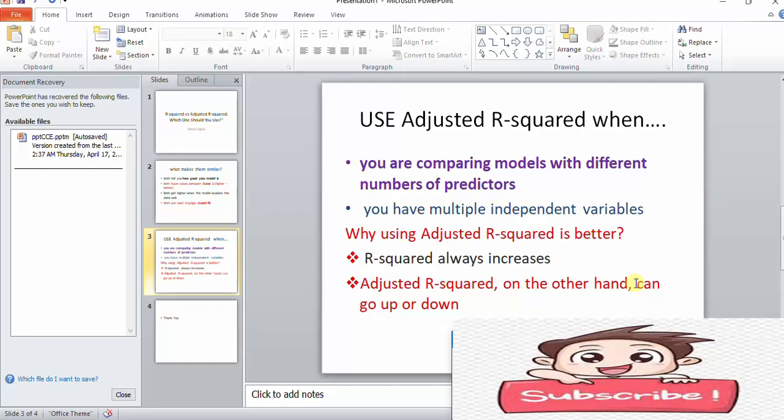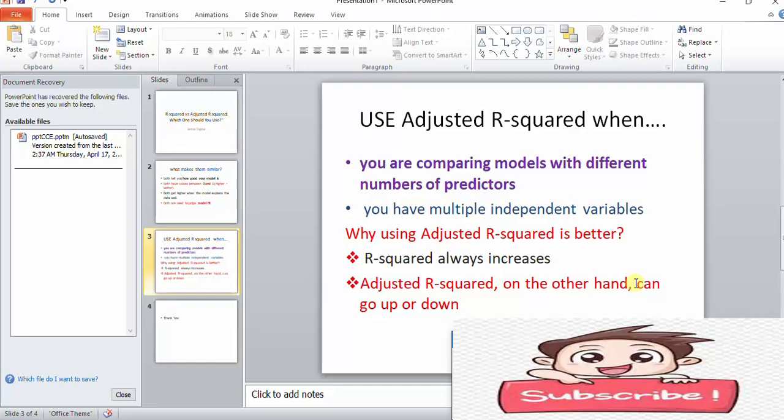So this inflation of R square can mislead you to think your model is better just because the value is bigger. But it is not because your model is better, it is because you have additional independent variables. In the opposite, adjusted R square fixes this problem by penalizing the addition of unnecessary variables into your model.